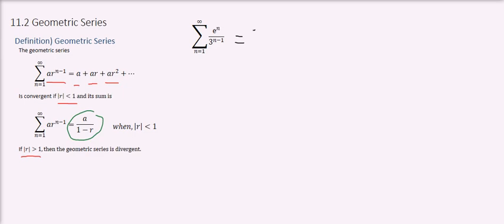First we're going to have e to the first power, because our n is going to be 1, all over 3 to the 1 minus 1, which is the same as e to the 1 all over 3 to the 0 power.